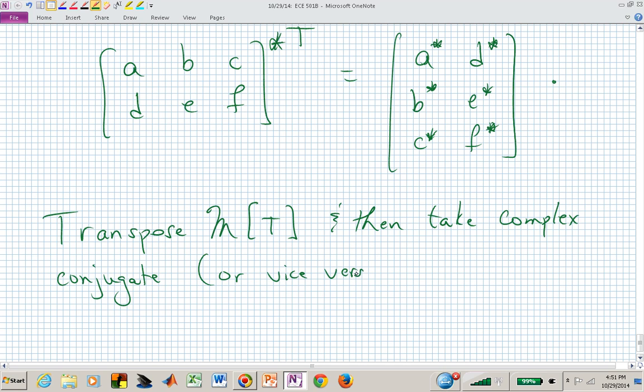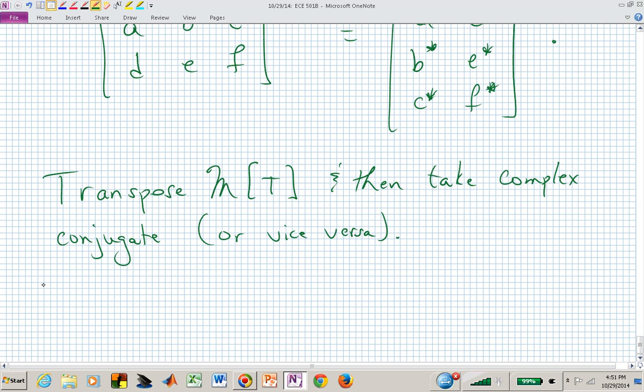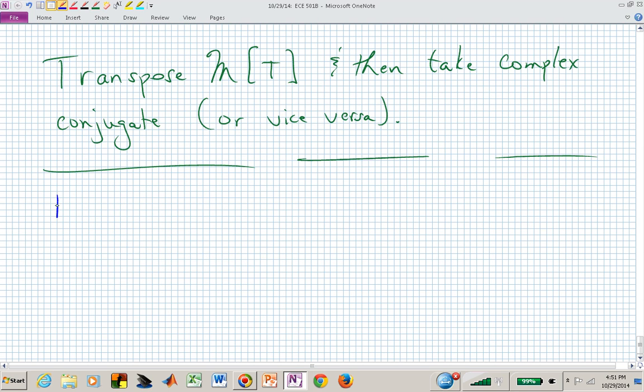Or if you start with the matrix representation of the adjoint, you can find the matrix representation of the linear map by doing the complex conjugate transpose. Let's look at some adjoint examples, as I had promised before.